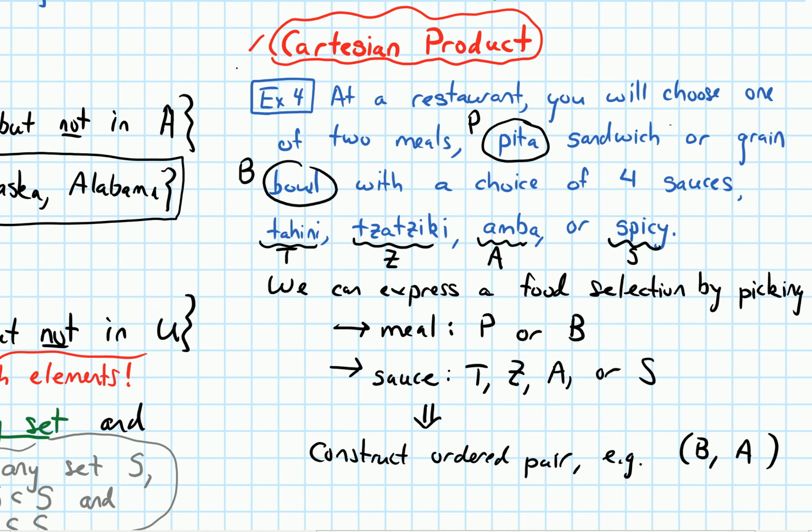So that ordered pair, this is a bowl, a grain bowl, with amba sauce. Okay, so that's a notation that we can use. It's kind of like writing a point x comma y, and those are called ordered pairs as well when we draw points on the xy plane. It's using that notation to indicate each of the stages of this process.